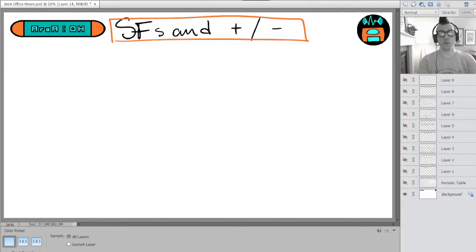And we're going to begin with addition and subtraction.